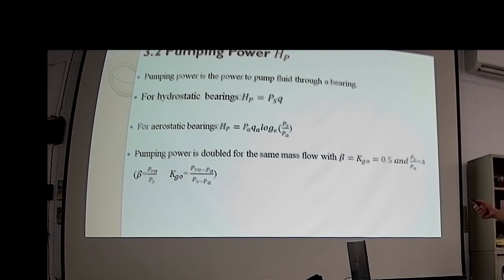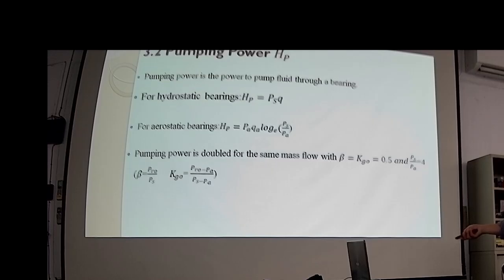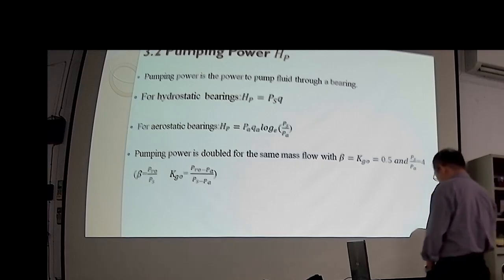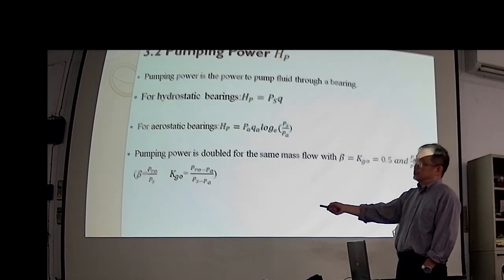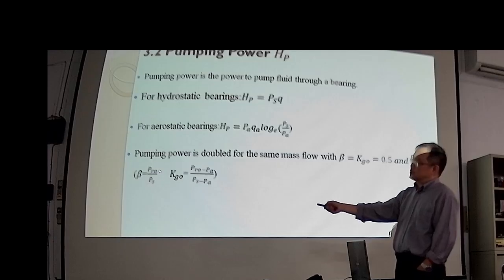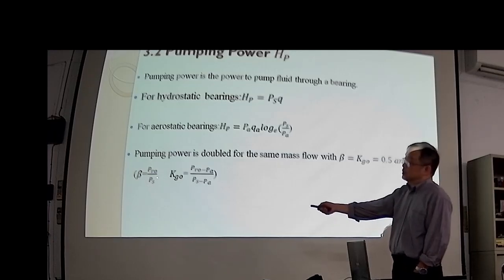We also talked about the pressure ratio. This is the pressure ratio for the hydrostatic bearing: the recess pressure divided by the supply pressure. This is for the hydrostatic bearing.